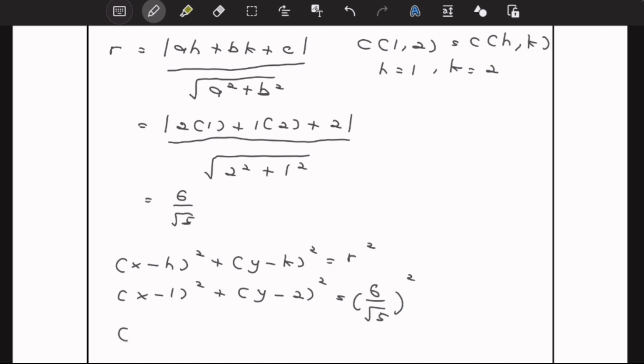Expand a bit, so we get (x - 1)^2 + (y - 2)^2 = 36/5. You can leave your answer in standard equation, or if you wish to change it into general equation, you can just expand the (x - 1)^2 and also (y - 2)^2 part. Okay, but I'm going to stop right here.